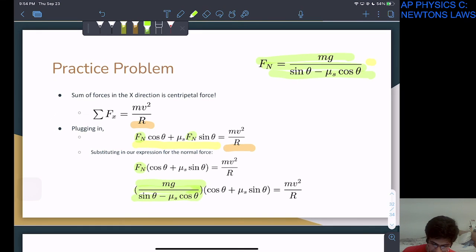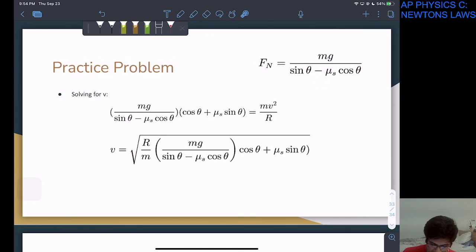And basically, now we have an expression where we know what m is, we know what g is, we're given our coefficients of friction, we know what theta is, and on the right side, we're solving for v, and we know what r is. And if we rearrange all these terms here and multiply by r over m, we end up getting this as our expression. So this is the velocity.